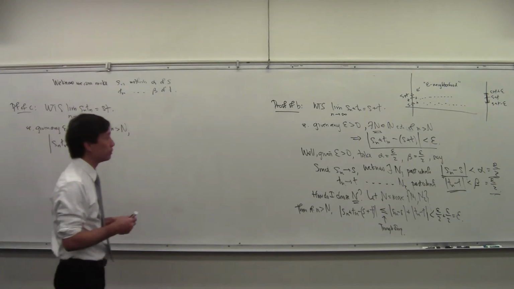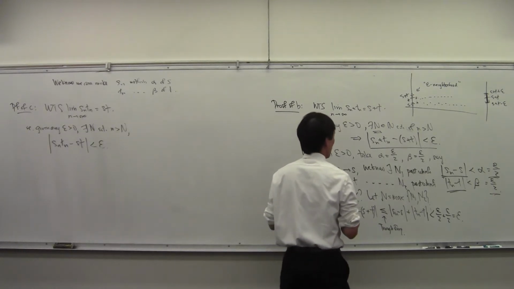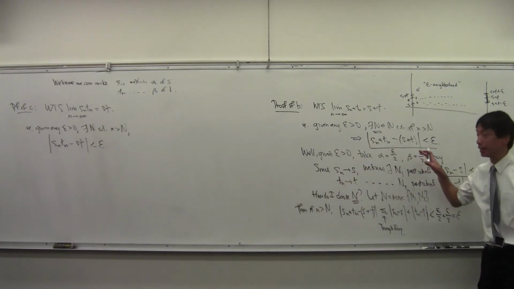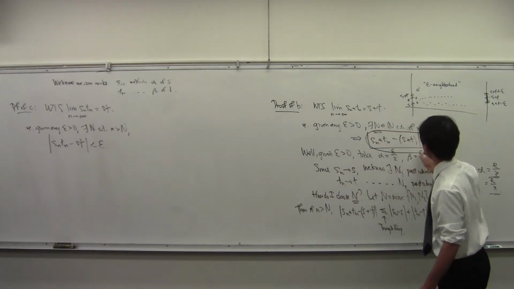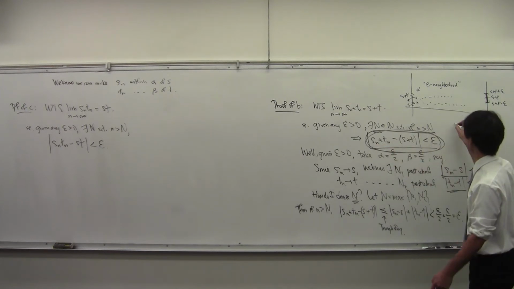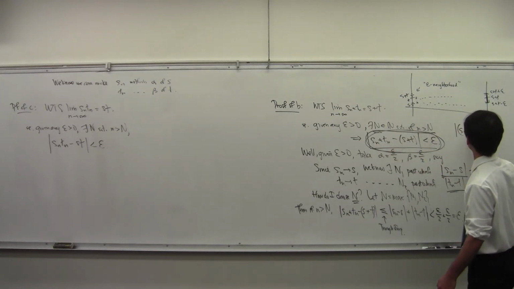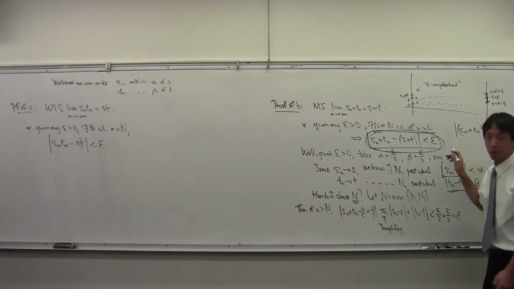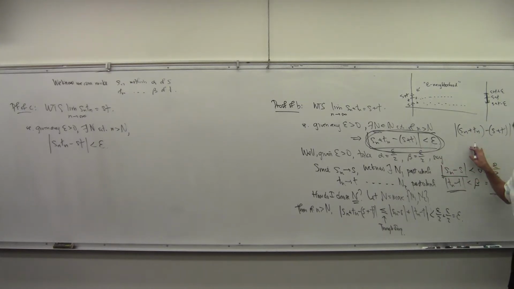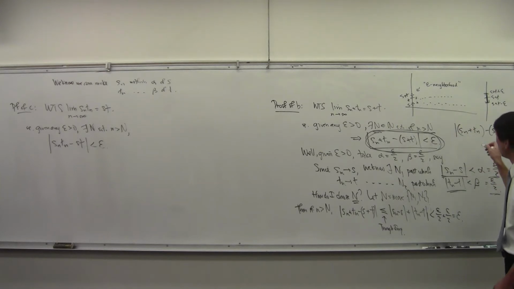So over here, the way you want to think is like this. Over here we were trying to control this, Sn plus Tn minus S plus T. And really the key point was that we had control over these two things, and we used it to get control over this using the triangle inequality. Everybody agree with that?